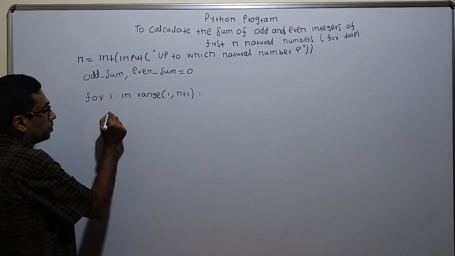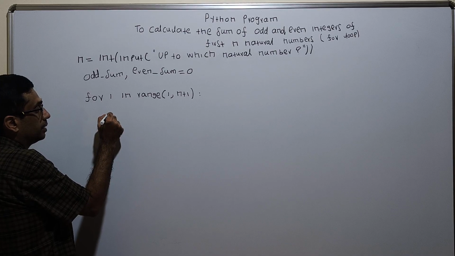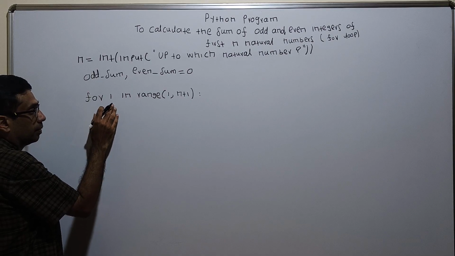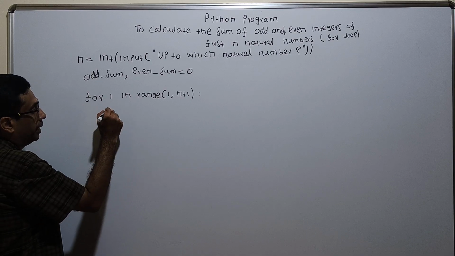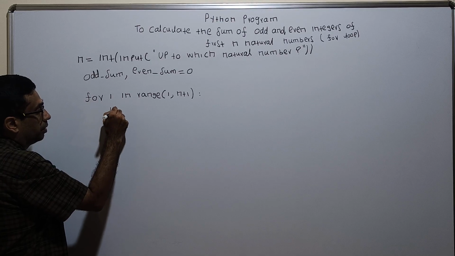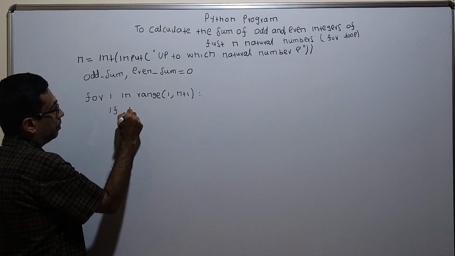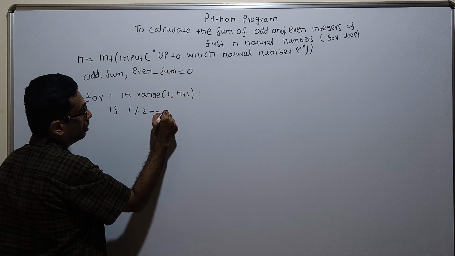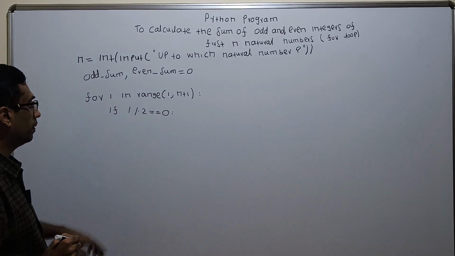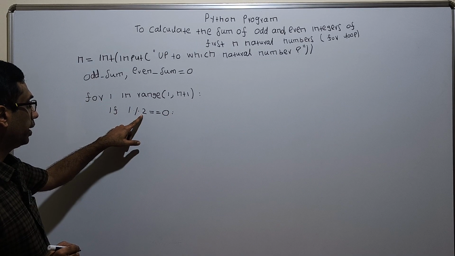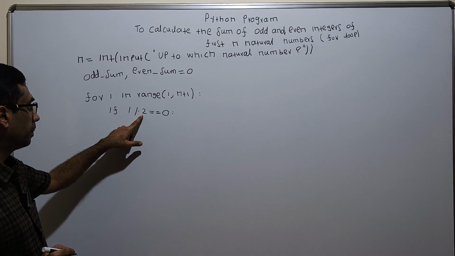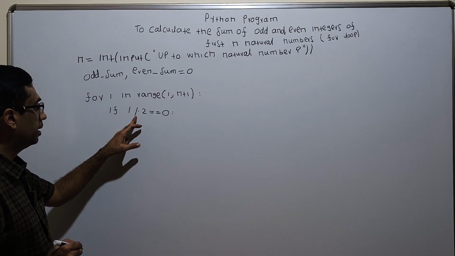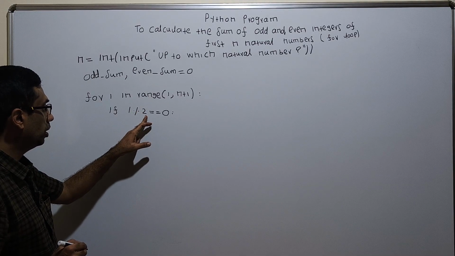In the body of the for loop, I am giving indentation. This stands for the body of the for loop. That means the statements which are indented are in the scope of the for loop. Here I am writing an if statement. If i modulo 2 equal to 0: That means I am dividing i by 2, getting the remainder and checking whether it is 0. The modulo operator divides i by 2 and returns the remainder.